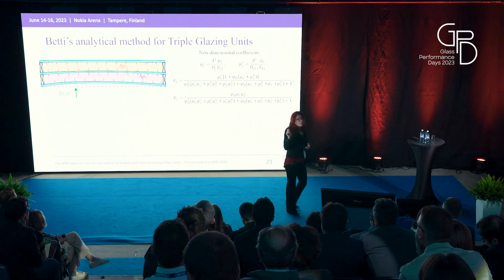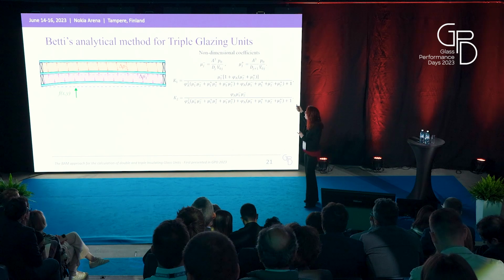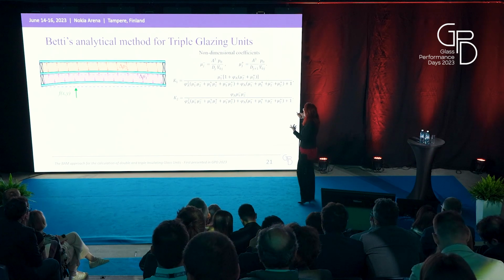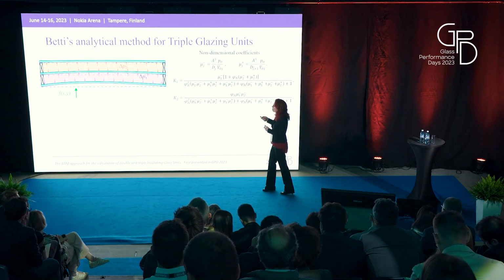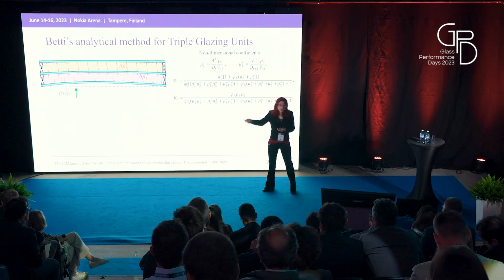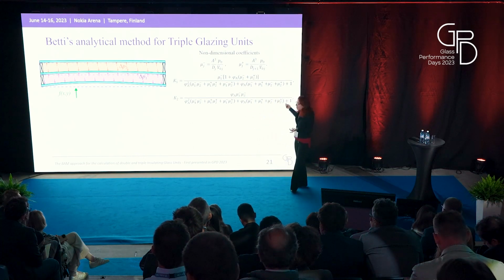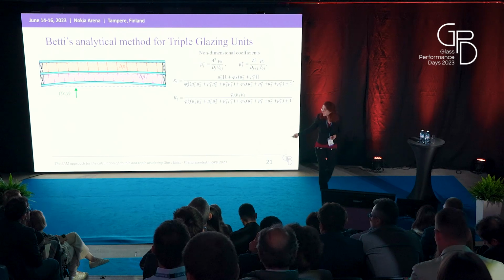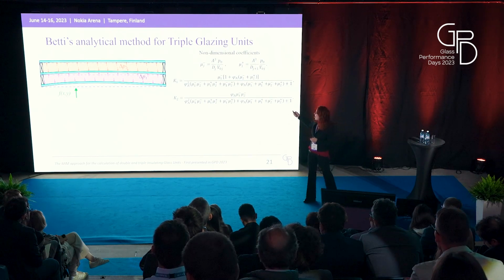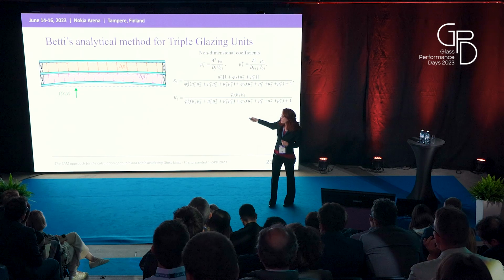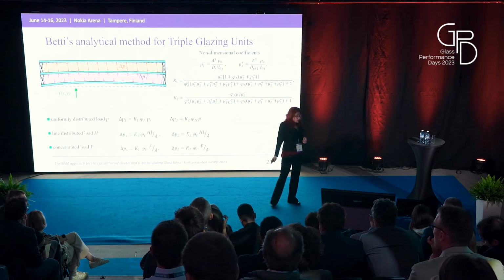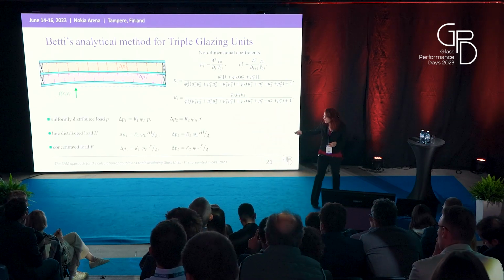They turn out to be dependent on non-dimensional coefficients that take expressions slightly more complicated than the one I showed before, but however, they may be simply implemented in an Excel file. They are quite simple. And once we get these coefficients, the formulas to evaluate the pressure changes are very simple.